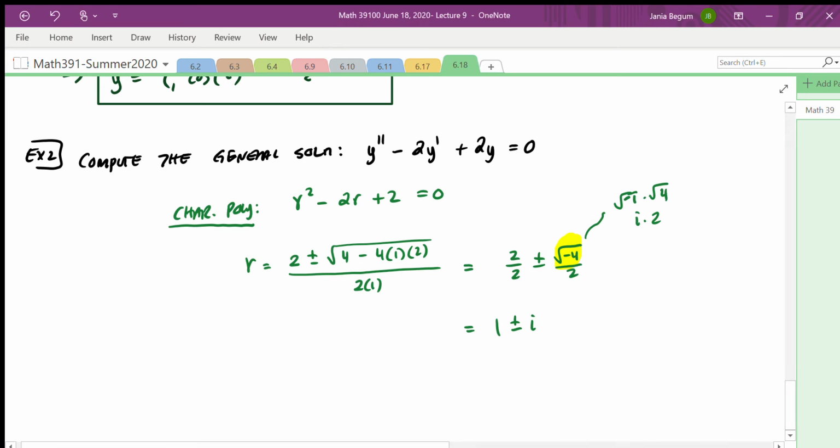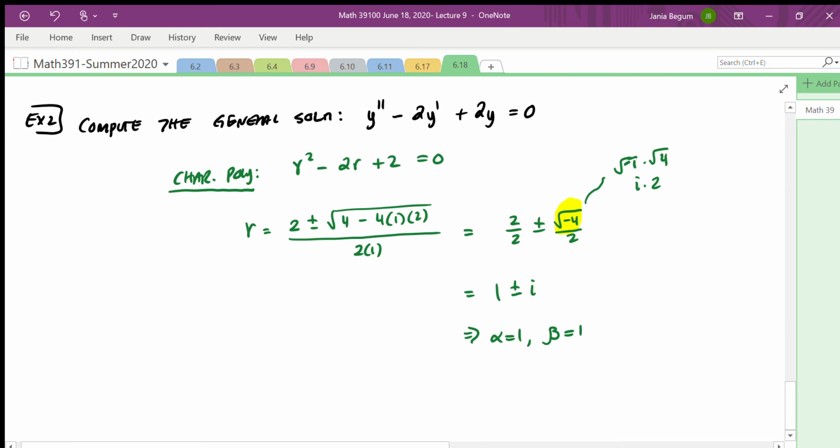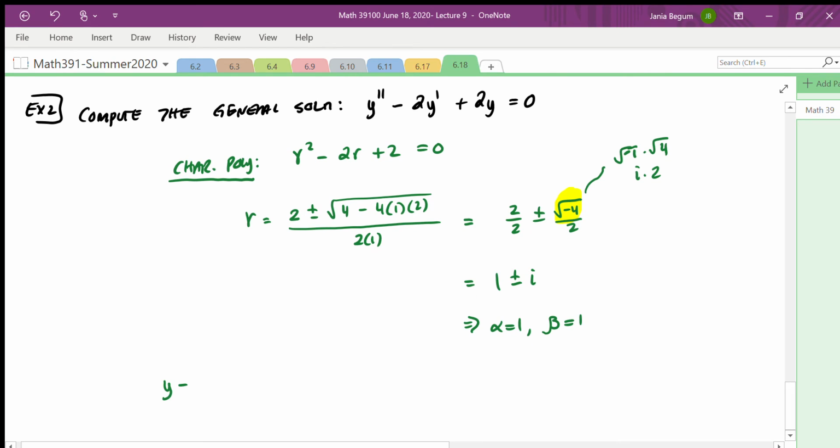Good. So now, what is alpha and what is beta? So alpha is 1, and what is beta? That's also 1, right? So now we just plug it into our solution for complex form. So our solution is going to be e to the alpha, which is 1, plus and minus beta, 1, times t.